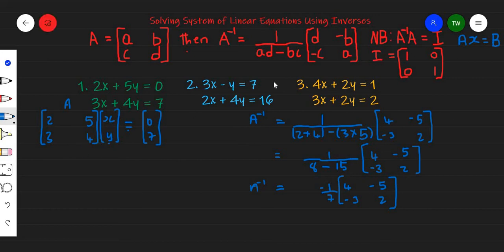Now you must also recall that A inverse times A is going to equal I. So if I multiply A inverse by A, all that will give me is just the identity matrix, I. So instead of writing out all of this, to save time, I'm just going to recall that A inverse times A will equal I. So I'm going to write this matrix here, which is I. So here, I'm just going to write [1, 0; 0, 1]. All right.